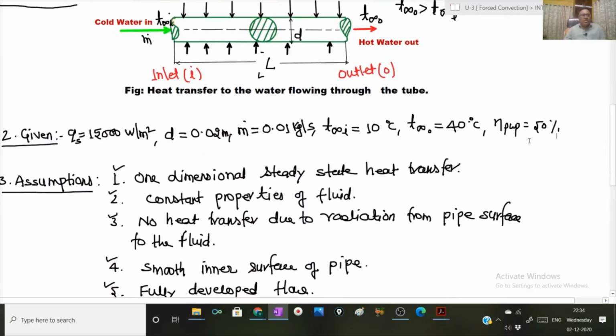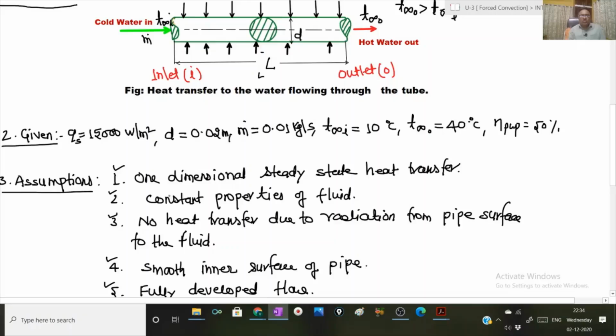After enlisting all the given parameters, let us make some assumptions to solve this problem. Assumption number 1, one-dimensional steady state heat transfer. 2, constant properties of the fluid, that is water. 3, no heat transfer due to radiation from pipe surface to the fluid.